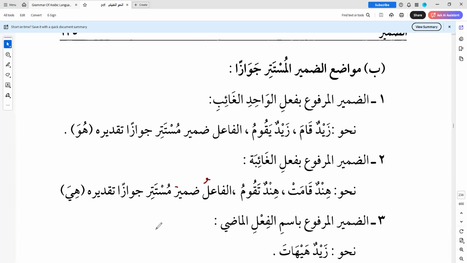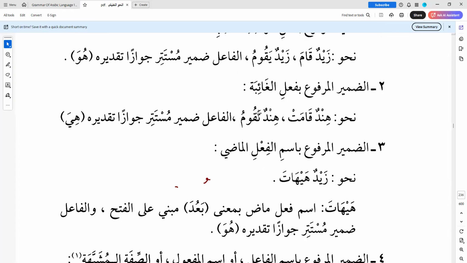Now let's look at the third instance where ضمير can be مستتر. It is الضمير المرفوع باسم الفعل الماضي. Remember we have اسم فعل الأمر, and then اسم فعل الماضي, and then اسم فعل المضارع.